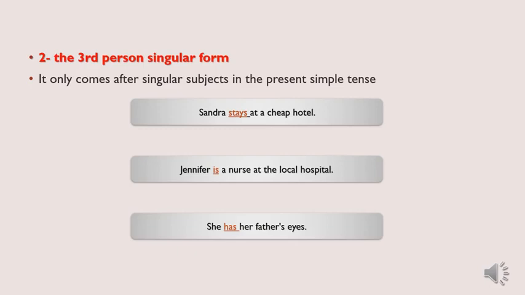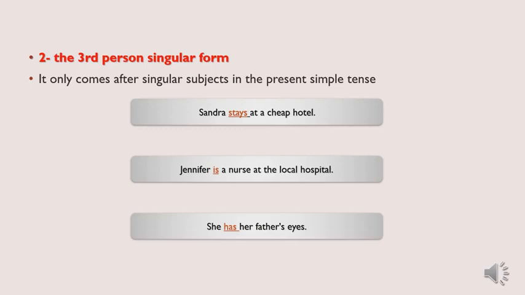Is the main verb, and it is in its third person singular form. The stem is be. The third singular form is. It is one of the irregular verbs. So is the third person singular form of the verb be, and the tense of this sentence is present simple tense.